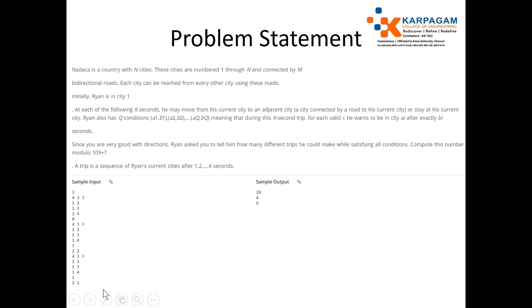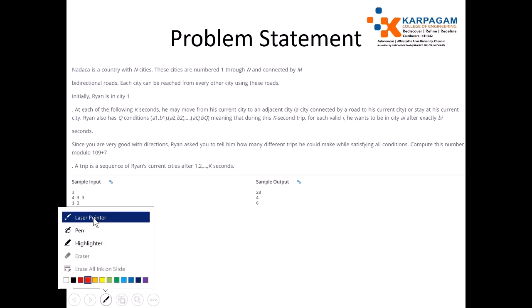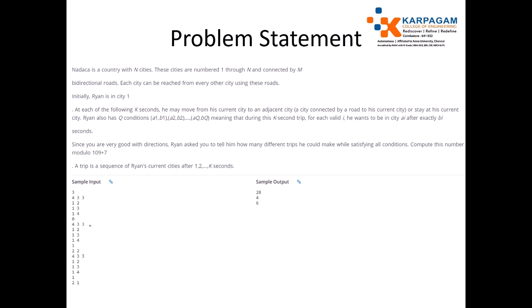Here, the notable point is each city can be reached from every other city using these roads. The city is represented as n, and m is the number of bidirectional edges. This means that it is an undirected graph.